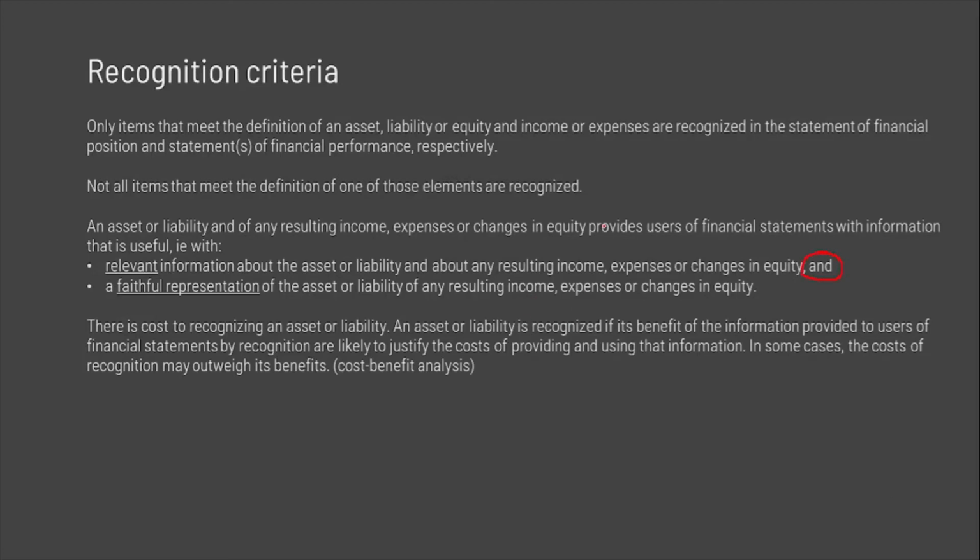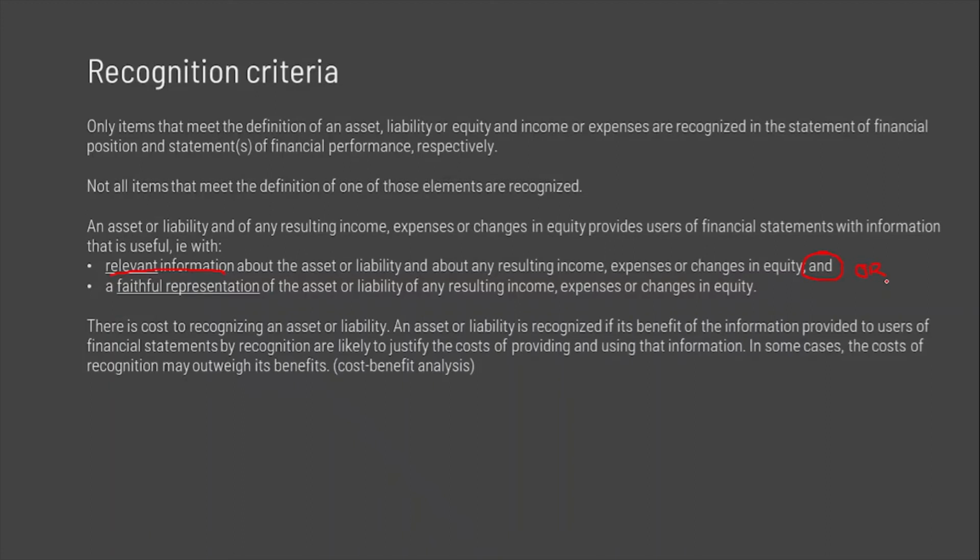If the item meets both, being relevant and also providing useful information, you would be recognizing it as an account in your statement of financial position or your statement of financial performance. However, if it does not meet any one of the criteria above, for example, this is "or", you would not be recognizing it in your statement of financial position or your statement of financial performance.